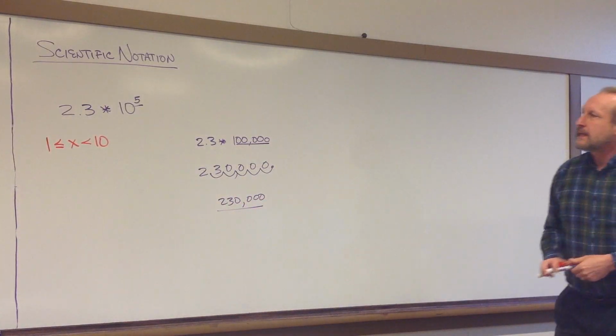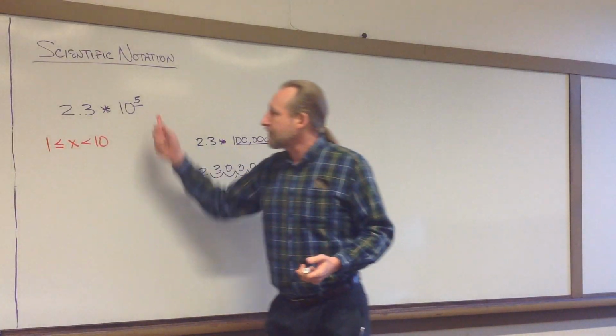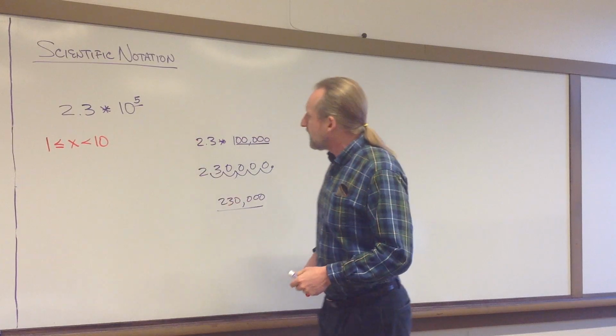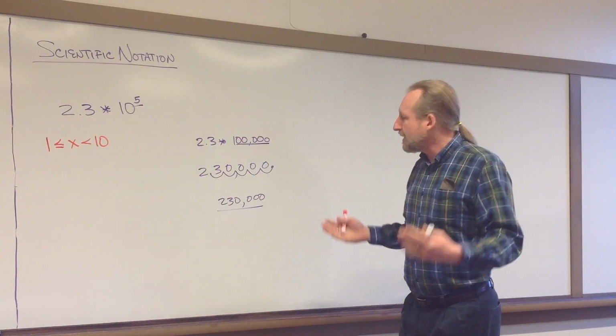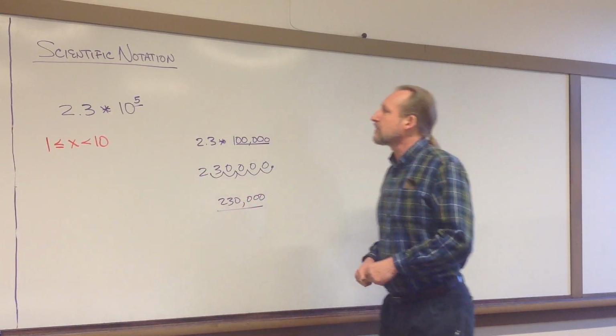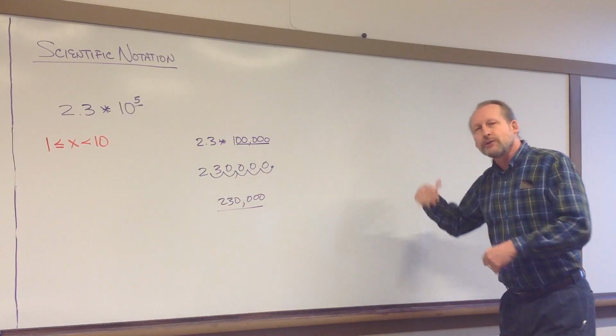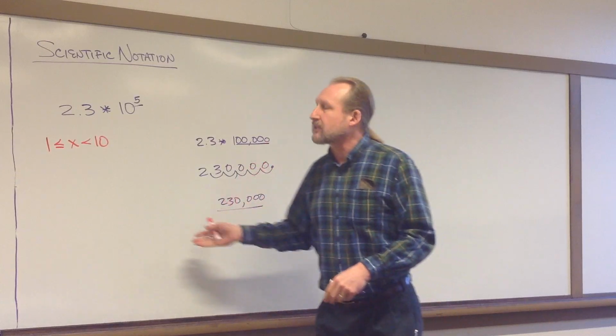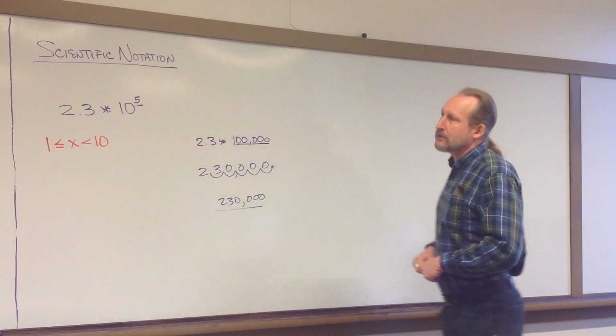Okay, so anything times 10 to the 5th, so long as this number is between 1 and 10, will be in the 100,000s. Okay, anything times 10 to the 4th will be in the 10,000s. Anything times 10 to the 6th will be in the single-digit millions.